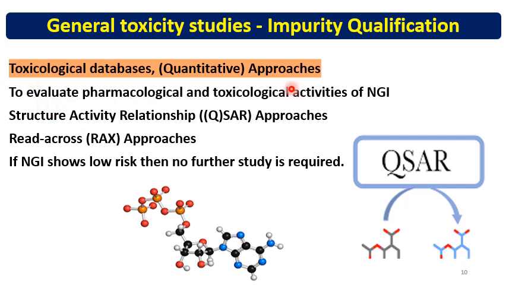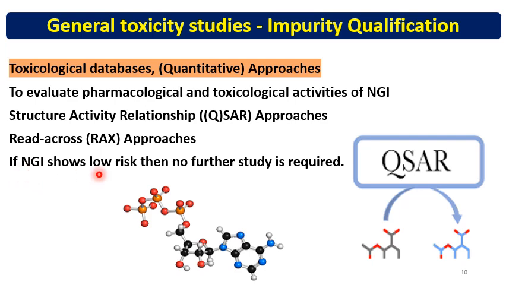Then toxicological databases, quantitative approaches. These are called QSAR approaches. These evaluate pharmacological and toxicological activities of non-genotoxic impurity. Structure activity relationship approaches are also used for getting useful information on the nature of impurities. Read across approaches are used very popularly for many impurities, and these are based on the QSAR principle.